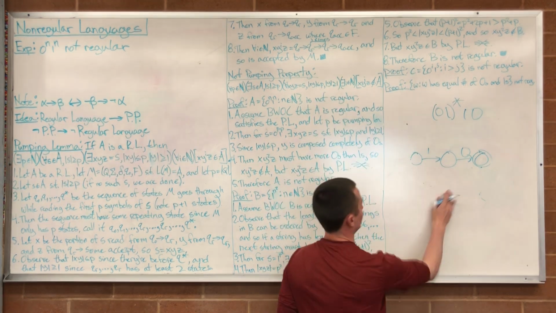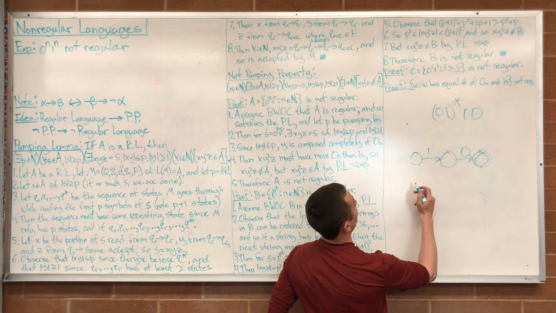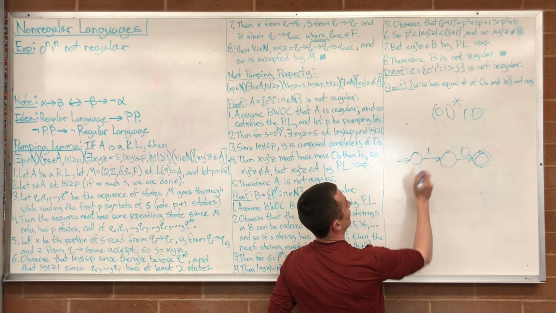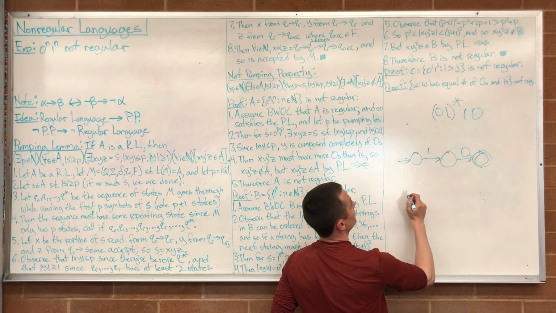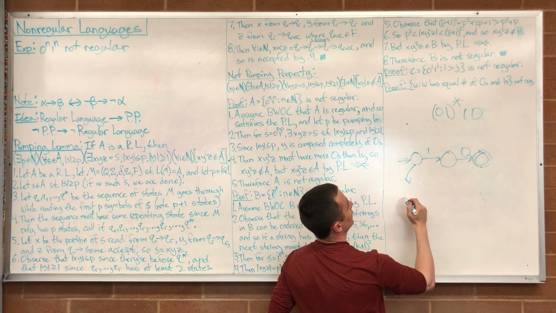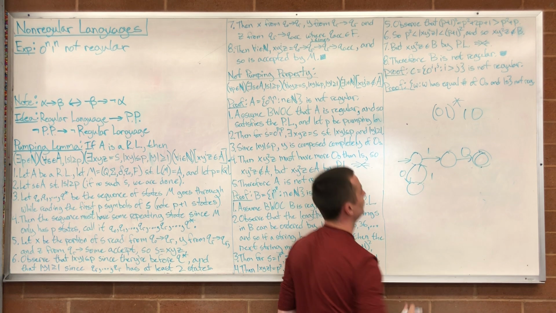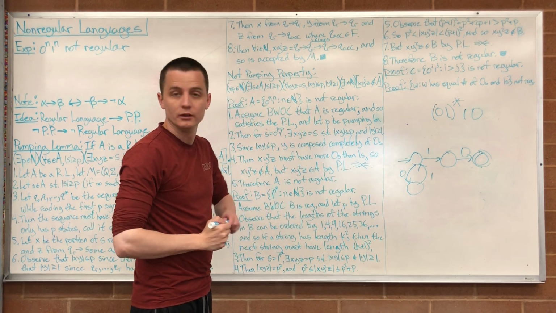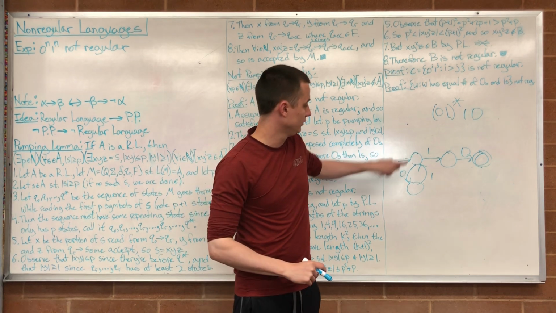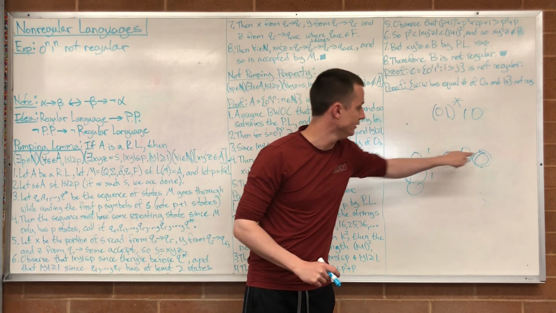So we want the loop first. We start out here, and we could go to our 1 0 if we want. Or we could come down here on a 0, but that's not a DFA's word, and then a 1. Okay, so I can do 0 1 0 1 1 0.